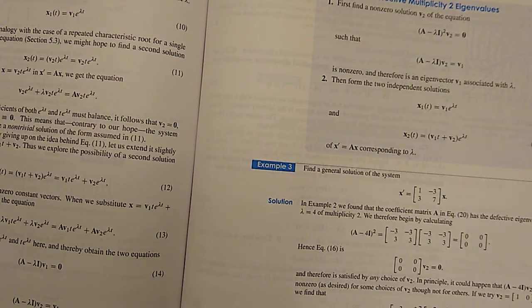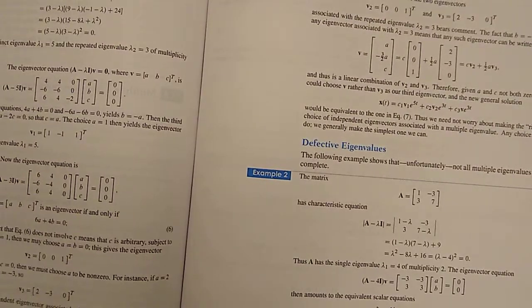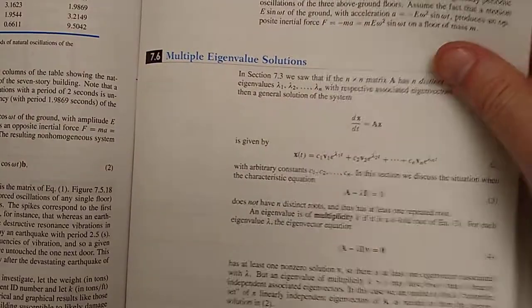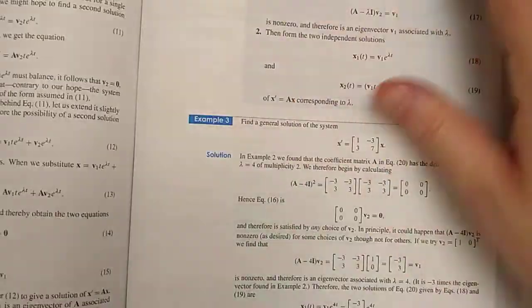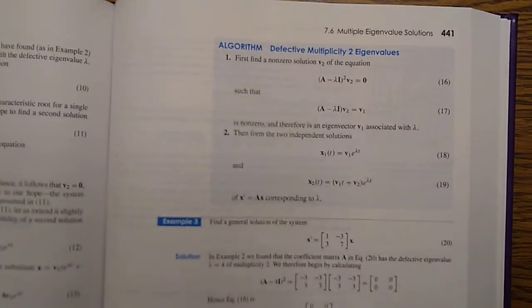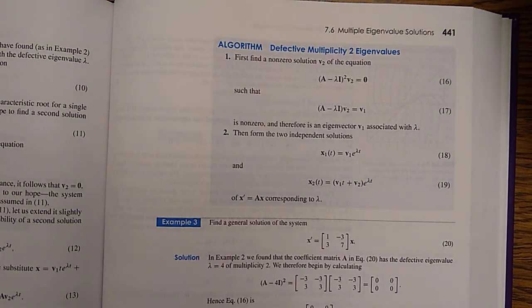So what am I talking about? I just opened the book to section 7.6, and I'm basically skipping to the important part. I'll give you a little bit of theory about why this works in the next video. But for now, let me point you to here. This is page 441.